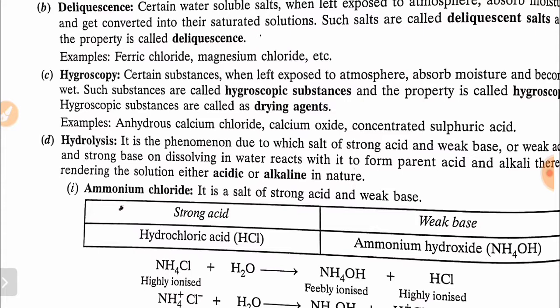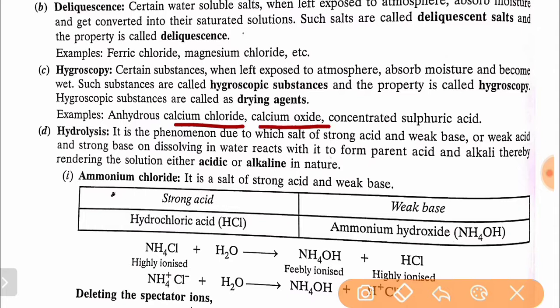Examples are anhydrous calcium chloride, calcium oxide, and concentrated sulfuric acid H2SO4. It is mainly a dehydrating agent which is used in many chemical reactions. Sometimes the question is asked: sulfuric acid is the best drying agent.